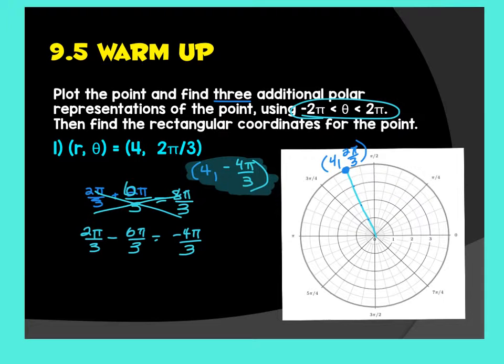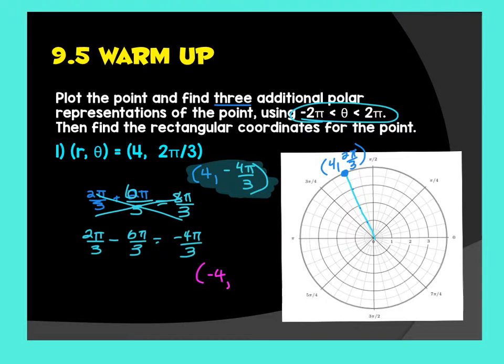So the other method is to change the sign on the r. So my r would become negative 4, and then add and subtract odd multiples of pi. So if I take 2 pi over 3 and I add pi to it, or 3 pi over 3, I get 5 pi over 3, which is less than 2 pi. So that works.